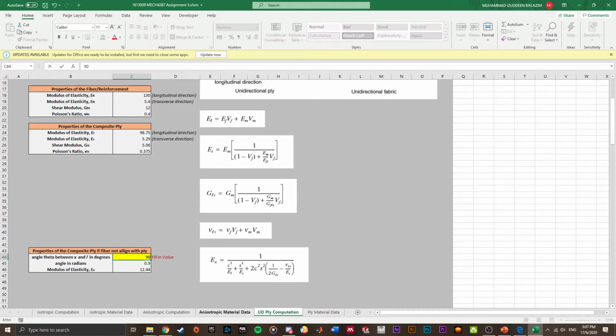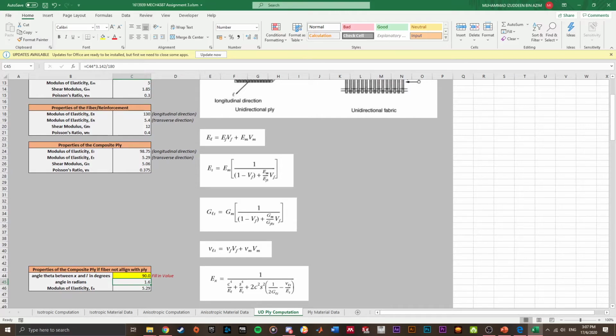How about 95? Because in 90 degree we will just get the modulus of elasticity of the composite in the transverse direction directly. So we can say this is the weakest, so we don't want the angle to be 90 degree.